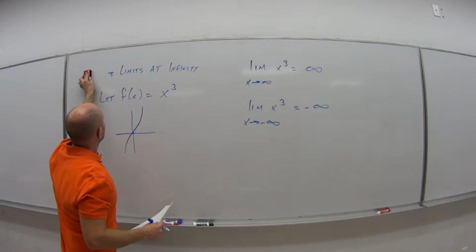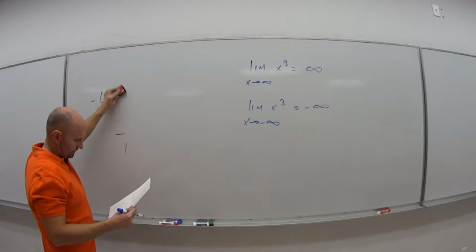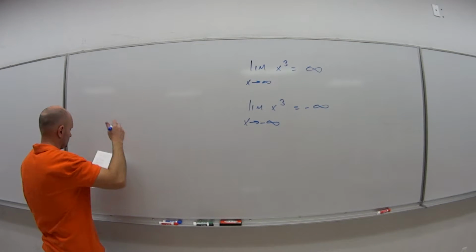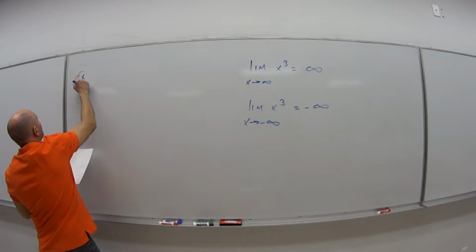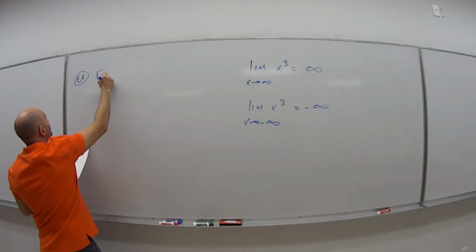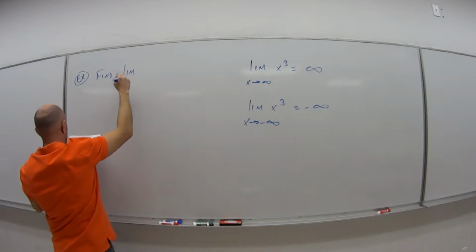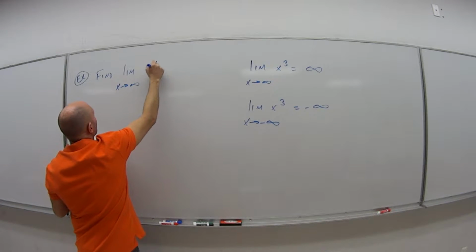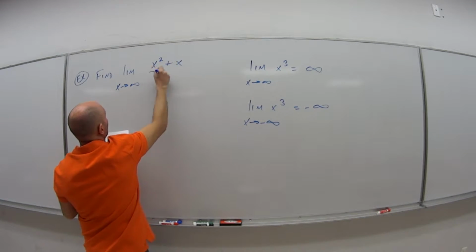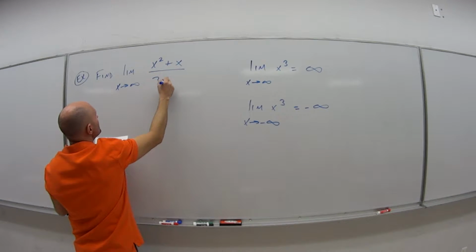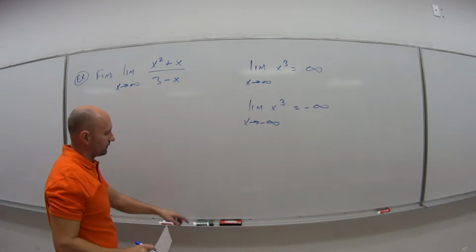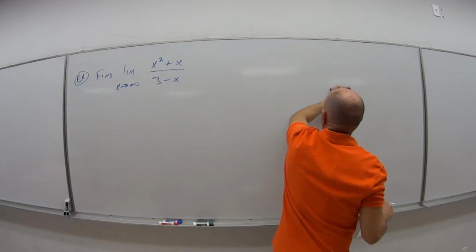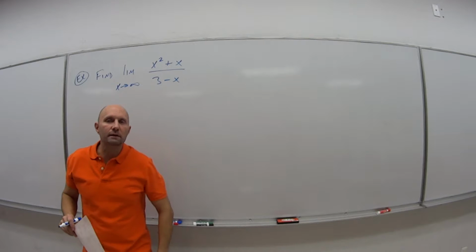So let's look at an example. Let's find the limit as x goes to infinity of x squared plus x over 3 minus x. We did an example similar to this in video 3, right?